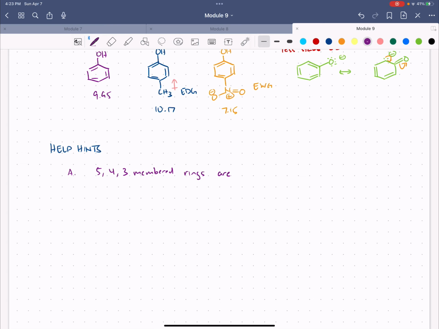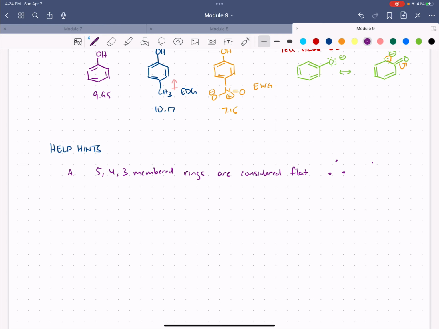Three points make up a plane, so three atoms will always be flat relative to each other.